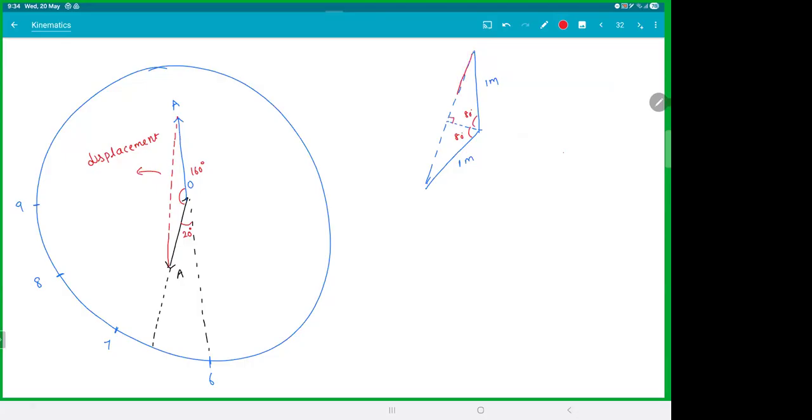This length will be 1 sine 80, and this length will be 1 sine 80. Therefore, the displacement of A will be 2 times sine 80. That's the total displacement of point A. And the total time is 18 hours, that is 18 into 3600 seconds plus 40 into 60. That's the total time. You can leave it like this. No need to simplify.